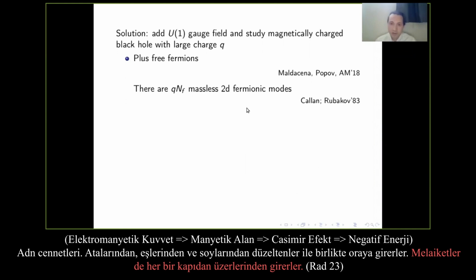Perhaps I should clarify why they are two-dimensional. Let me just draw a picture. So this is, say, a two-sphere, and we have a magnetic flux coming in all directions. And roughly we have one fermionic mode per unit flux.